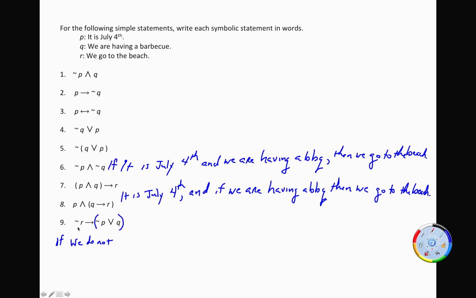So because it's an if then, if we do not go to the beach, and on an if then you can choose to omit or include the comma. If we do not go to the beach, then it is not July 4th, or we are having a barbecue.